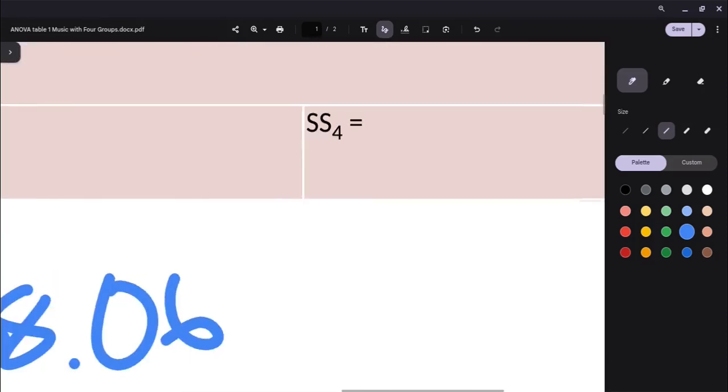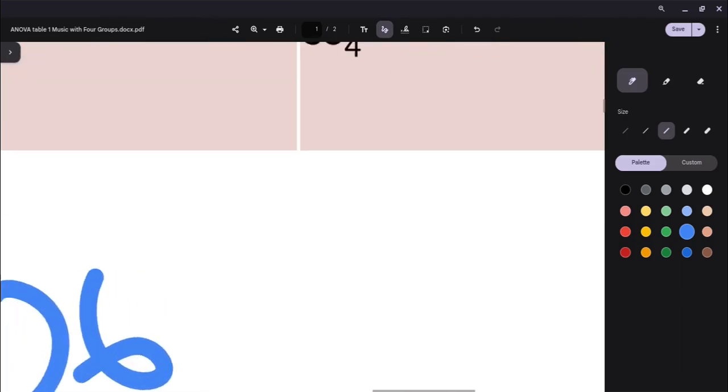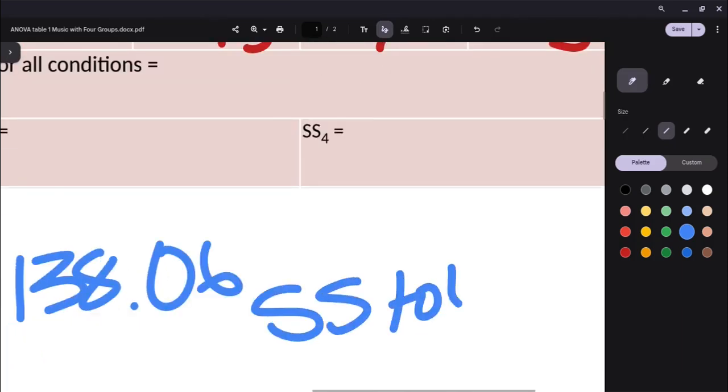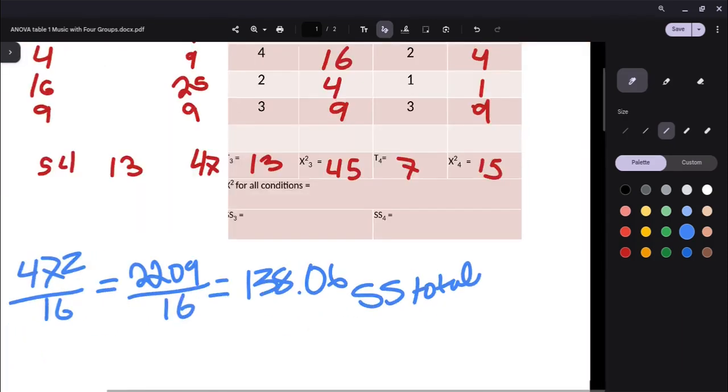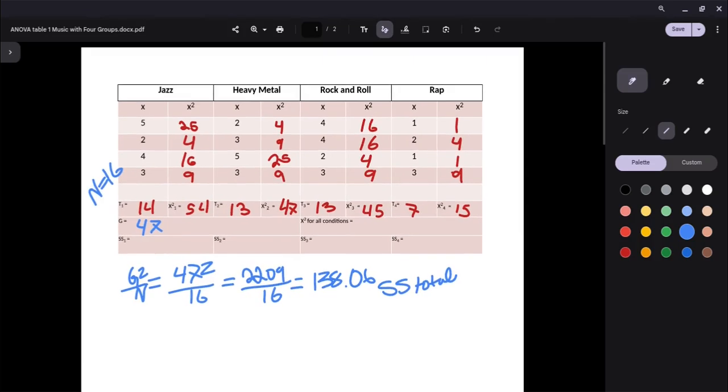I'm just going to write it down right here as SS total. Okay.